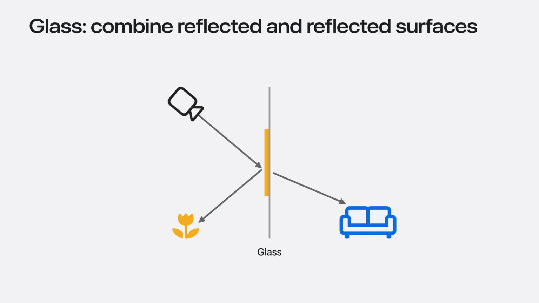Glass builds on the same foundational concepts and pushes it a bit further. The viewer sees a combination of what is reflected and what is transmitted, which could be noisy. One solution is to blend geometry properties like diffuse albedo by the Fresnel term, reducing substantially the noise of your inputs.